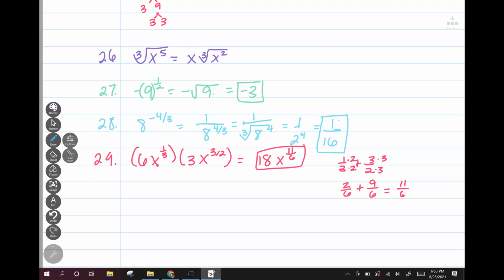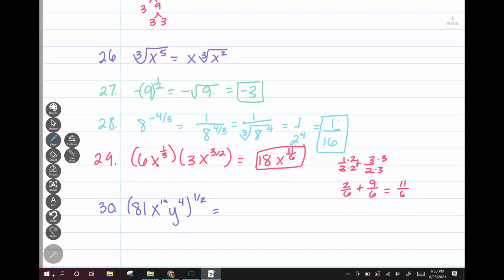And the last problem, number 30. Got 81 x to the 10 y to the 4 all raised to the 1/2.